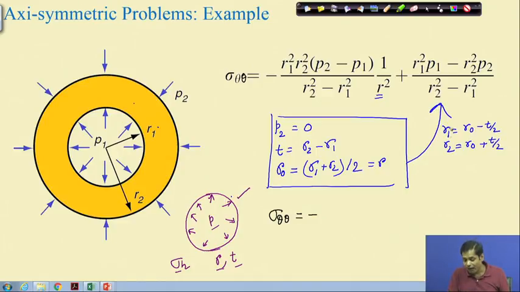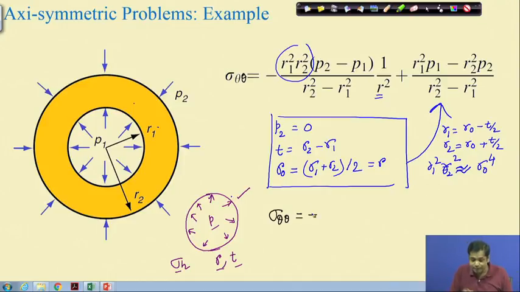Now, similarly, R1 square and R2 square, if we take, there will be a nonlinear term of T. Since T is very small, we can remove this nonlinear term, and we will see that this will be almost R0 to the power 4. So, this term will be R0 to the power 4 in the limiting case when T is very small.